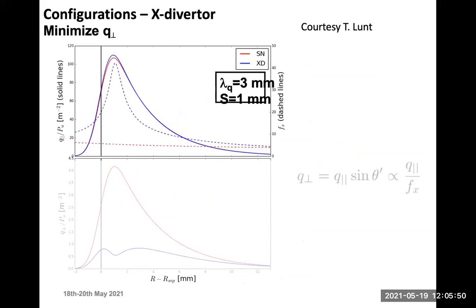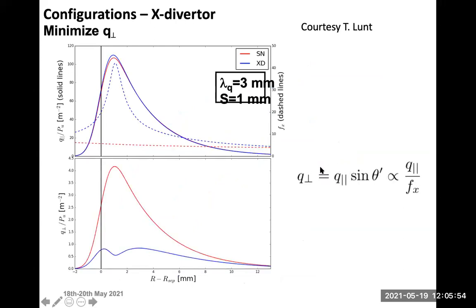Under such conditions, because of the shallow angle, up here you have the parallel particle flux, and here you have the projection of the parallel particle flux onto the tile, which is the perpendicular particle flux.